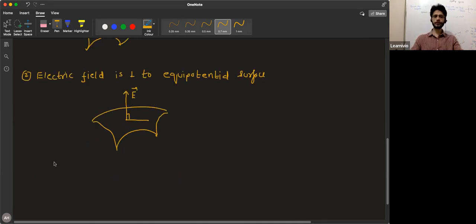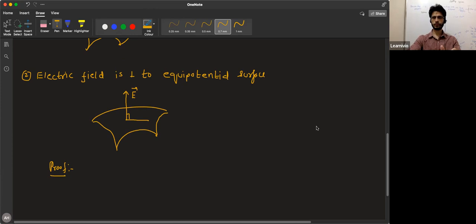If you want to prove this, you can use the expression of work done. What is the expression of work done? How do we calculate work done if field is given? Sir, integral of F into ds. That is for mechanics. For electric field, what is the expression of work done by electric field?